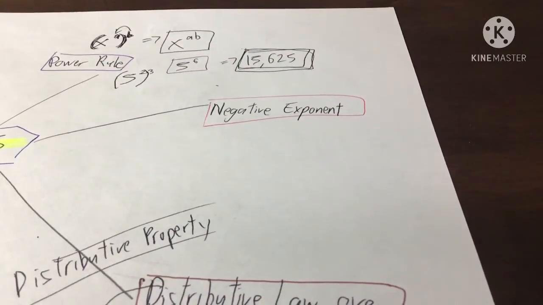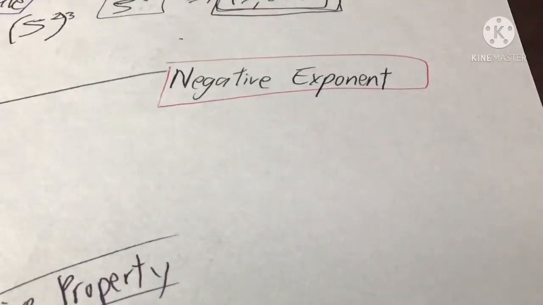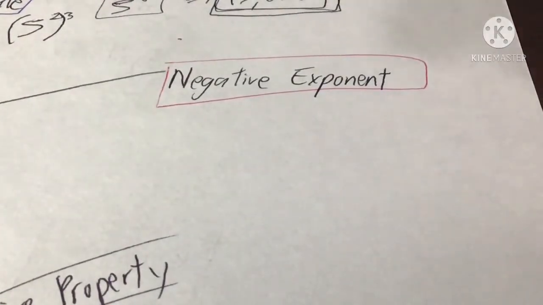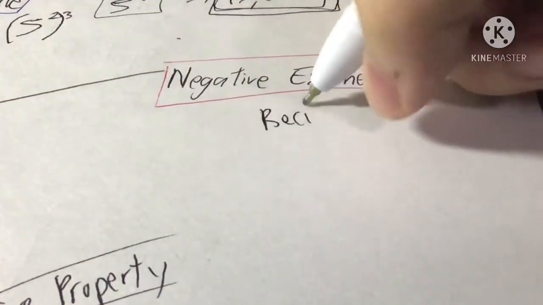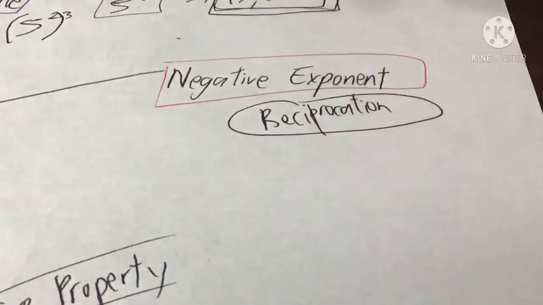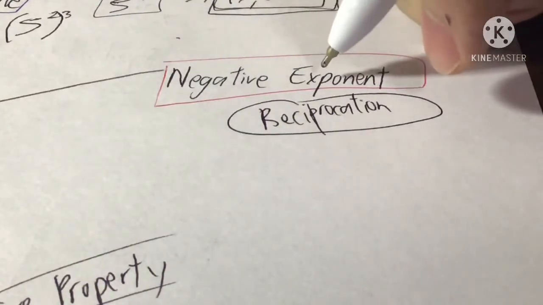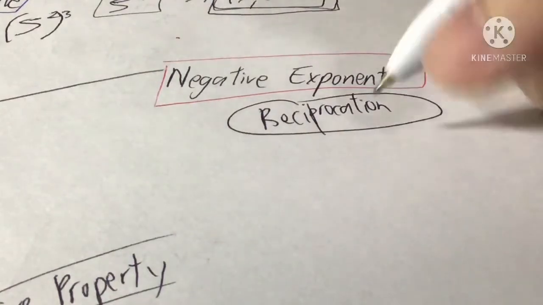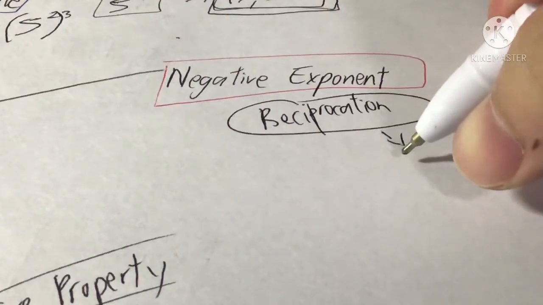Finally, we have our last, the negative exponent. One word that we have to remember is the term or the method of reciprocation. We have to remember that we have to reciprocate any number that has a negative exponent. Just like we can derive this term from division of fractions.